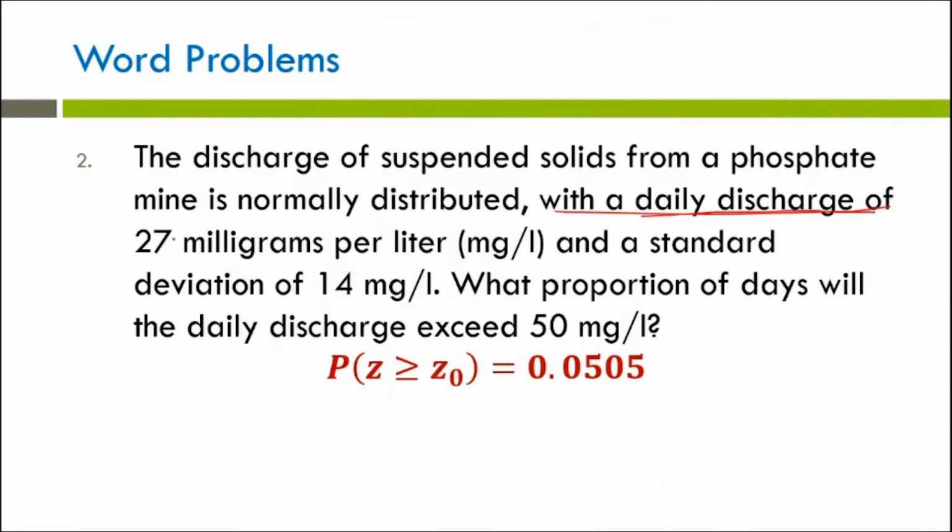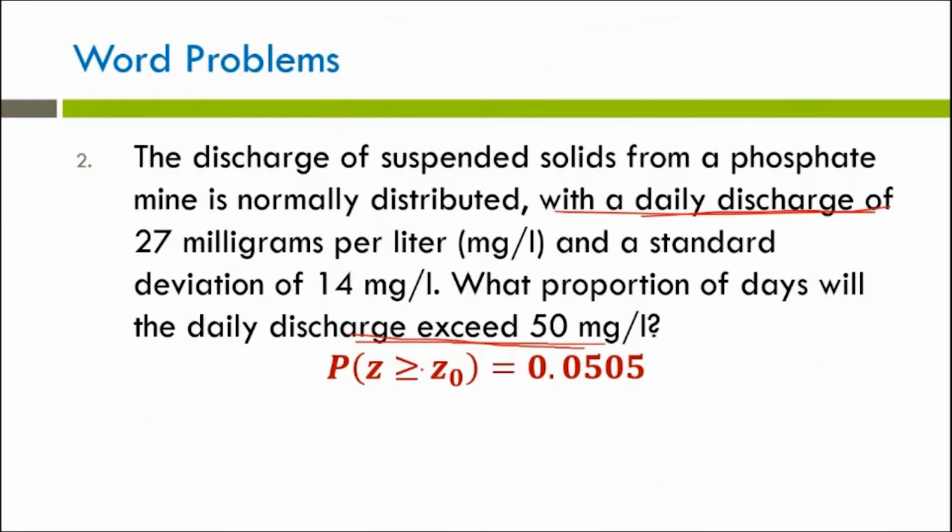So this will be our mu, 27 milligrams per liter, and our standard deviation, sigma, is 14 milligrams per liter. Now, since it says that it should exceed, what proportion of days will the daily discharge exceed, which means that would be greater than 50 milligrams per liter.